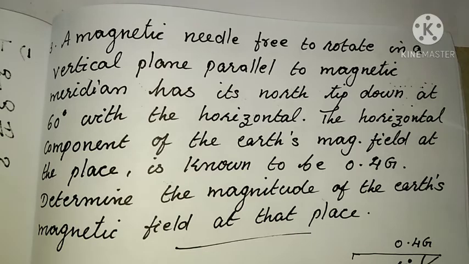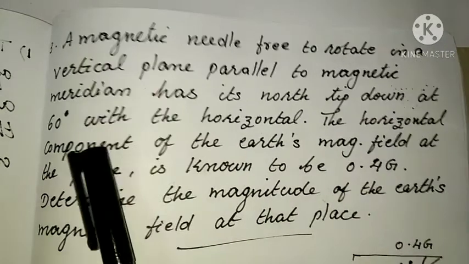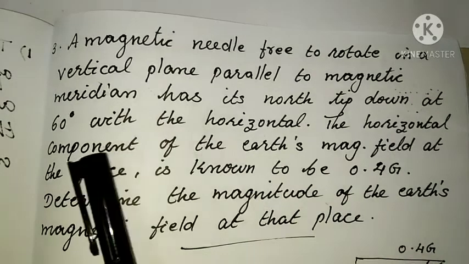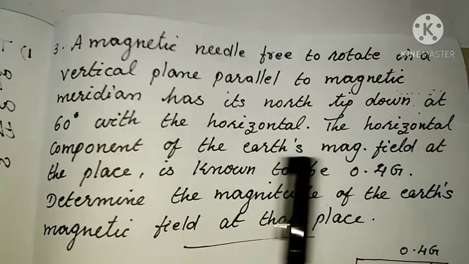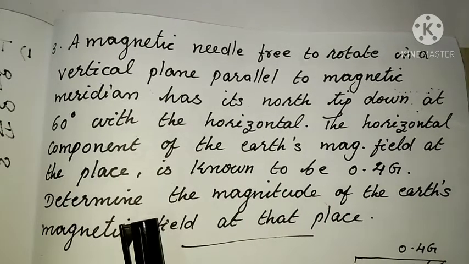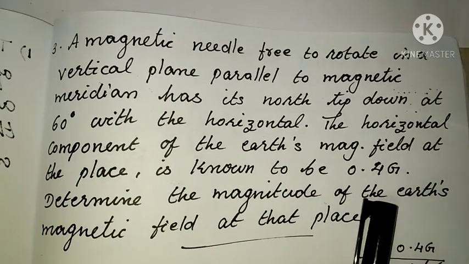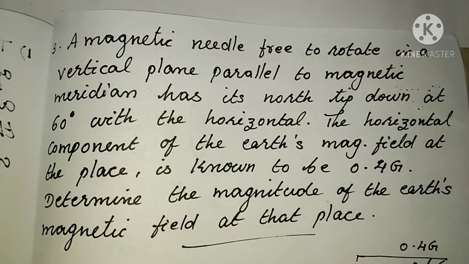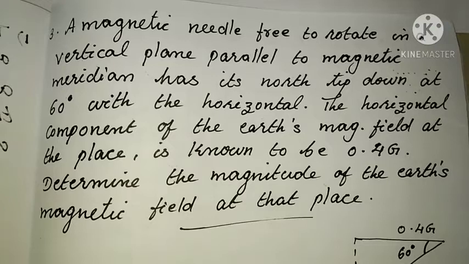Question number 3. A magnetic needle free to rotate in a vertical plane parallel to magnetic meridian has its north tip down at 60 degree with the horizontal. The horizontal component of the Earth's magnetic field at a place is known to be 0.4 Gauss. Determine the magnitude of the Earth's magnetic field at that place.